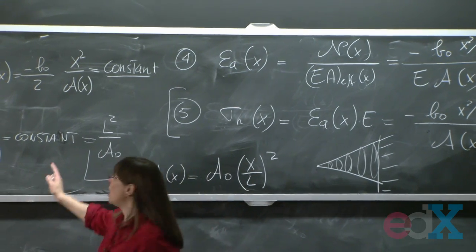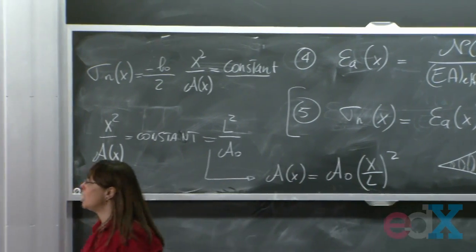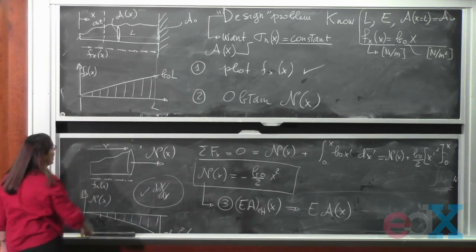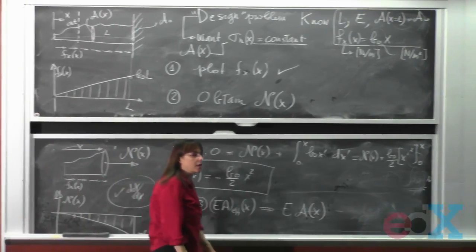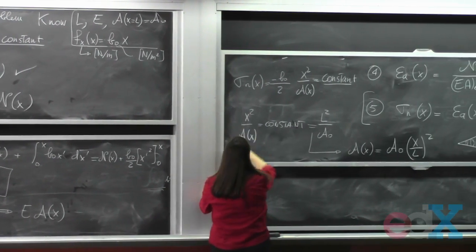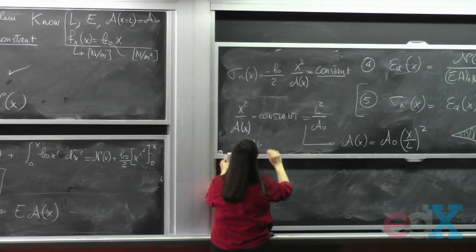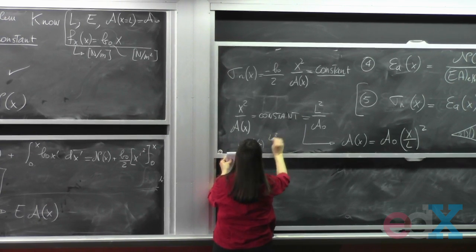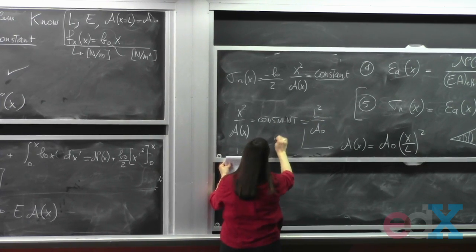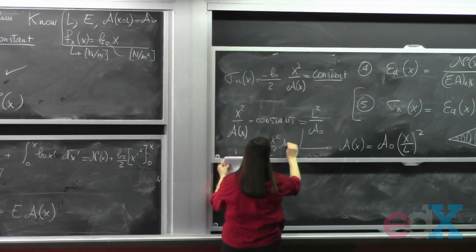So why do I need to have a shape like this? Well, I need to have a shape like that because my f of x also increases, all right? How did you get A of x? Was that an equation? I inverted that. So I took that and I say A of x, bring it up, equal to L squared, I bring it here, oh, sorry, x squared over L squared, and then I bring A0 up.